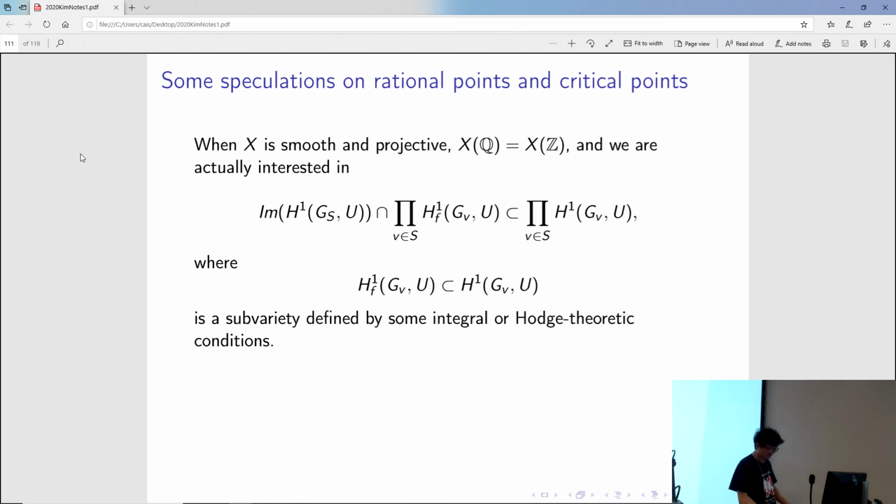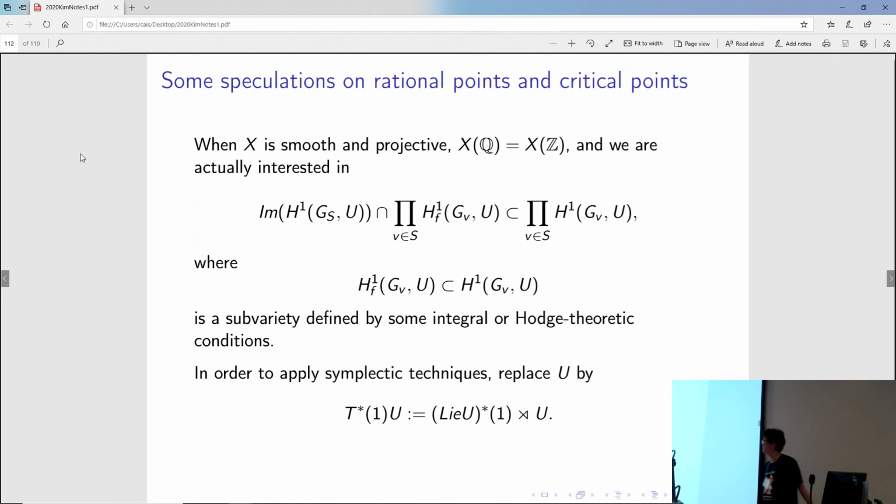And people in symplectic geometry have done this kind of thing quite a lot. Now here, it's not really exactly the setting of symplectic geometry, although with further work, I think you can turn it into something like that. So I'm going to cheat a little bit and replace U by a somewhat bigger group. This is a twisted cotangent bundle of the group. I take the dual of its Lie algebra and twist the Galois action in the Lie algebra direction by Q_p(1).